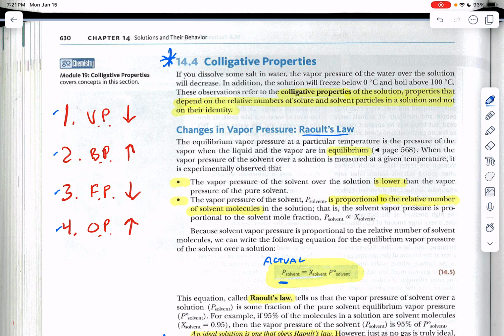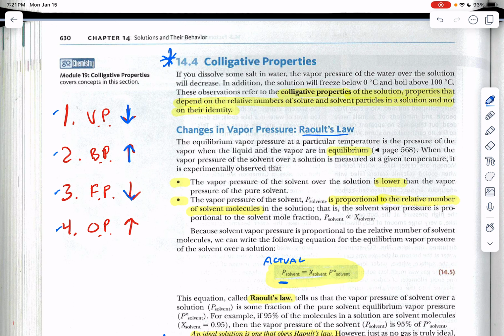What you need to remember, and also be able to explain why, is when you add a solute to a solvent to create a solution, it makes the vapor pressure go down. It makes the boiling point of that solution go up.